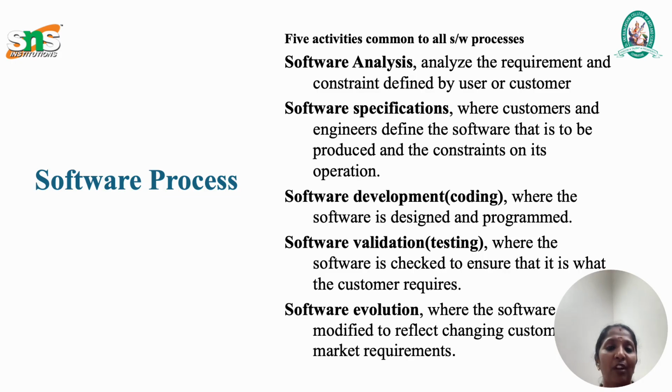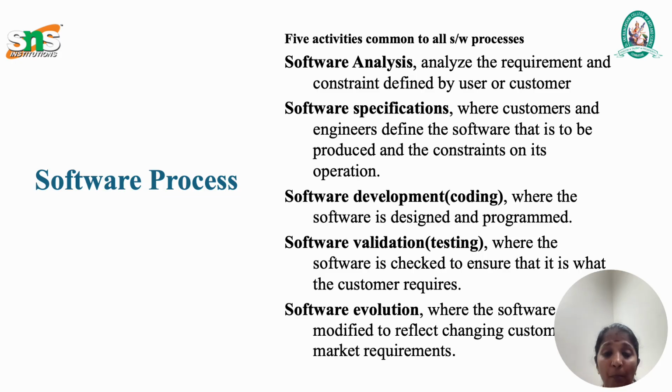Next, software development. Once the analysis, specification and design have been done, it will go for software development. That is nothing but the coding part. Here, the software is designed and programmed in the language the customer has chosen. Once it has been done, it will go for validation.